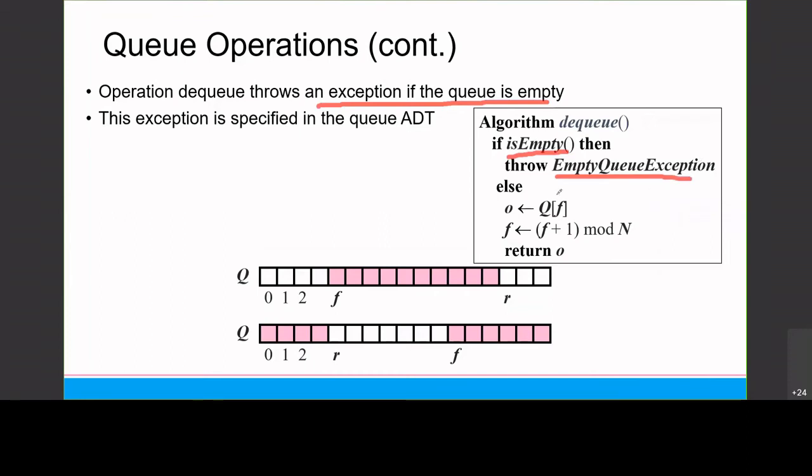If it is not empty, then let O be the object of the queue in the index of F. And then F will be updated to F plus 1 mod n. So the formula will be the same as the R. And then we will return O, the object that we remove.